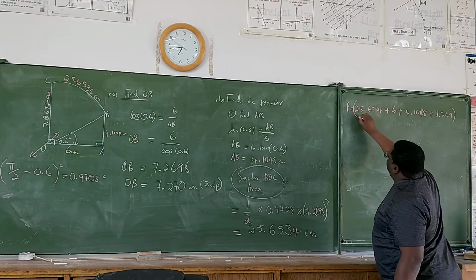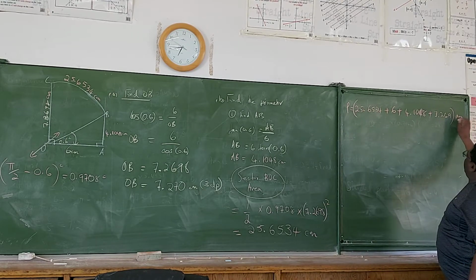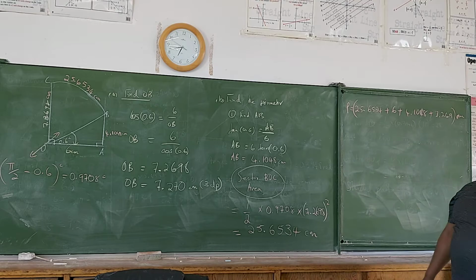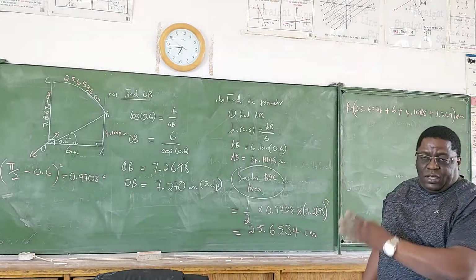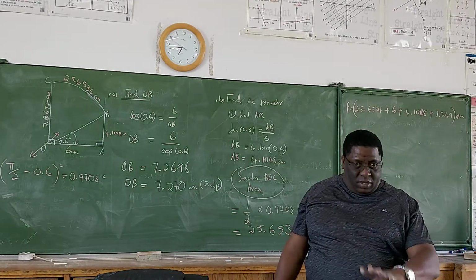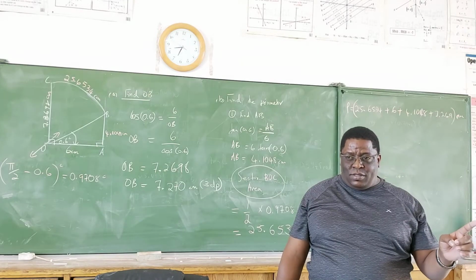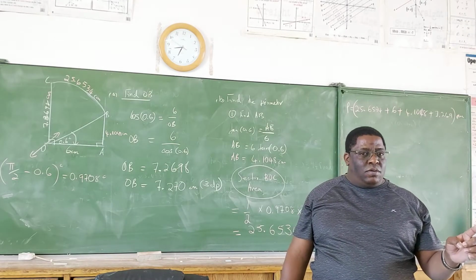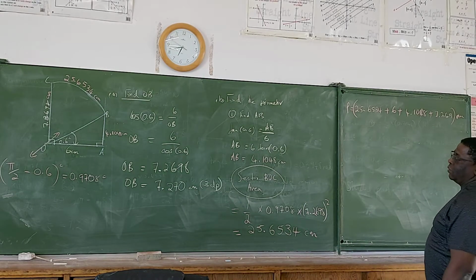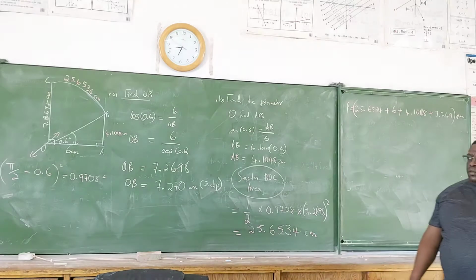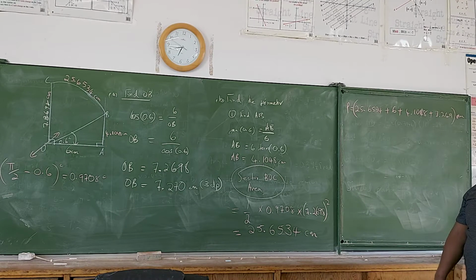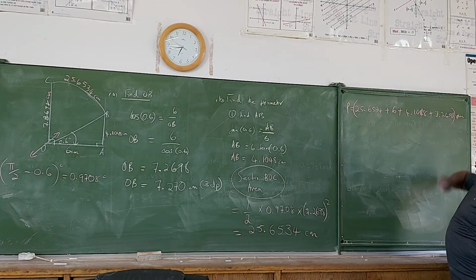Everything should be in centimeter. Then we give you the answer after you add everything. Give me the answer to 2, 3 significant figures. I forgot the 8, the last digit. Are you happy?